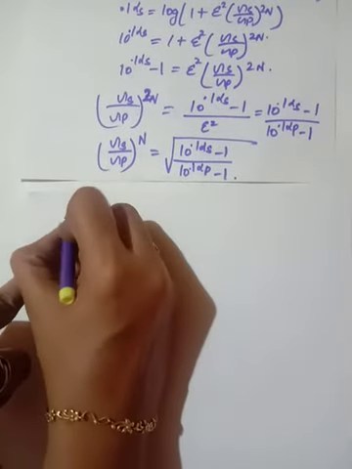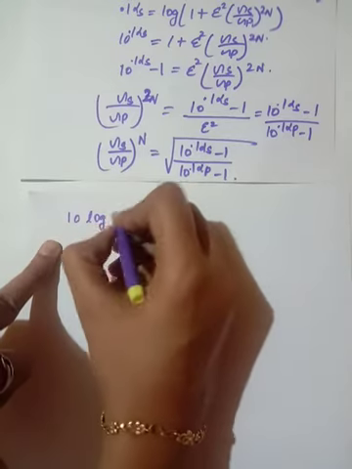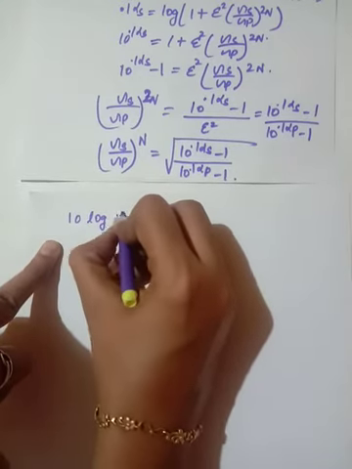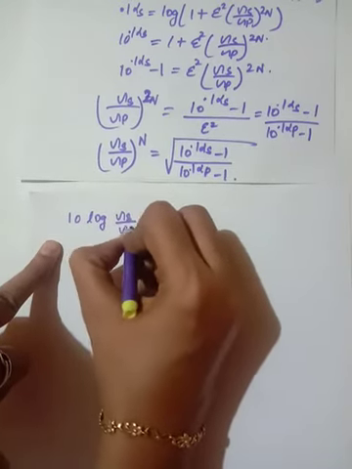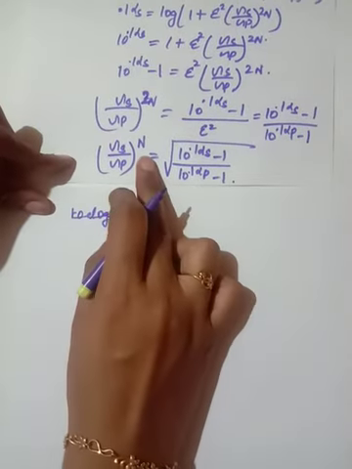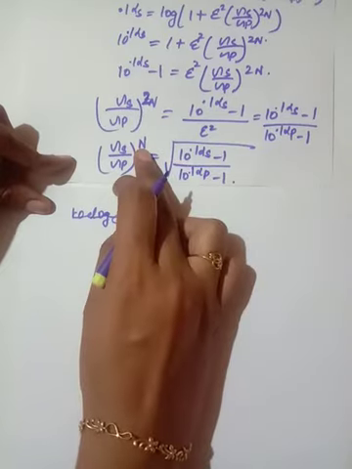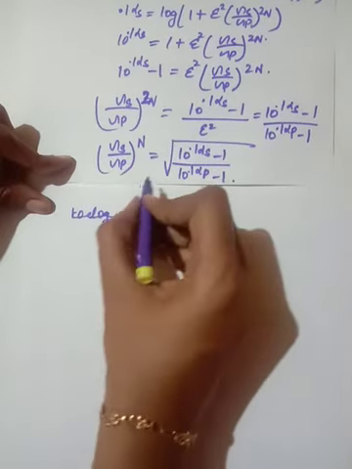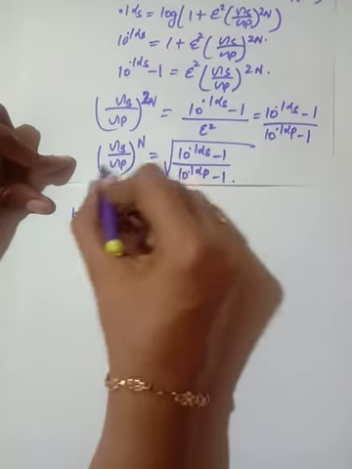So here (omega s by omega p) the whole power n is equal to this. If we want to have this n, what I need to do is take log on both sides.